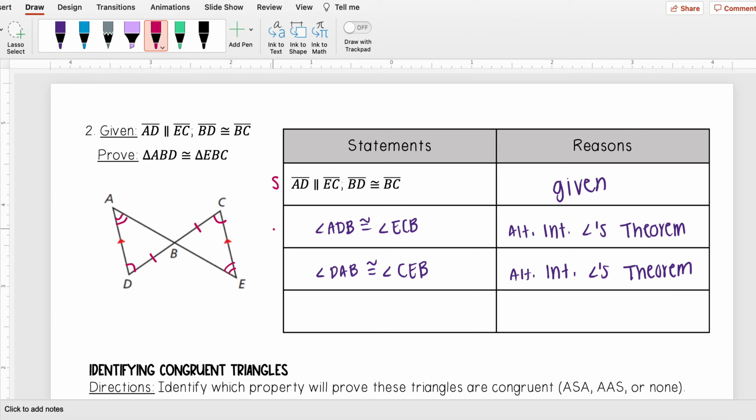And so that gives me my two angles that are congruent. And so I can therefore say that these two triangles are congruent. And that's going to be by angle, angle, side. So I have an angle, and then my side is not included.